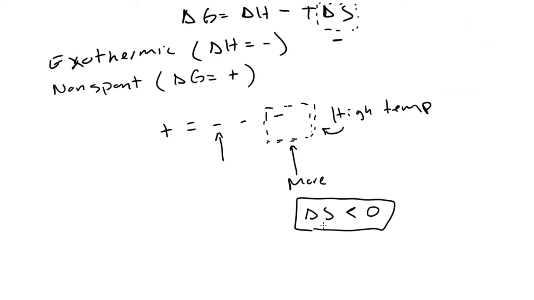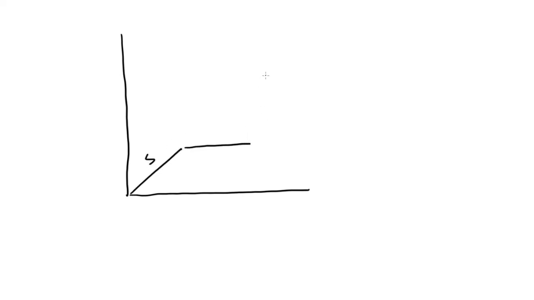Okay, let's talk a little bit more about this concept of equilibrium. When we talked about this phase diagram, remember this part in pink was Q equals MC delta T, right?